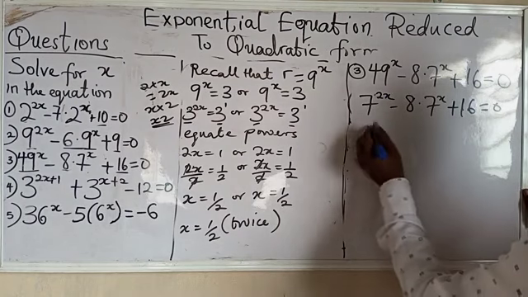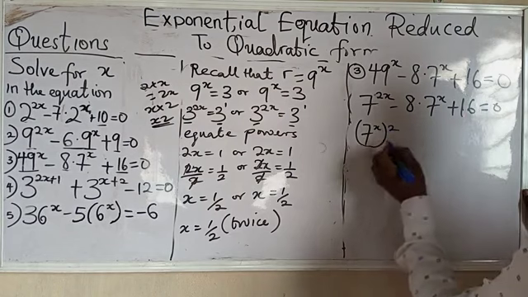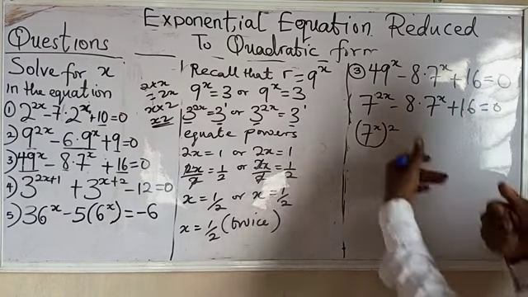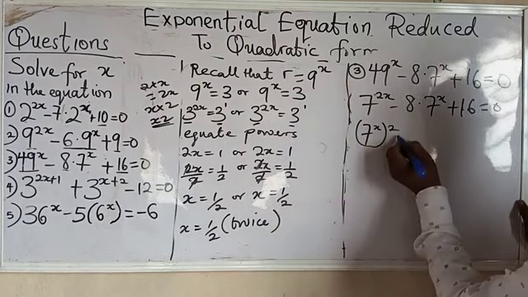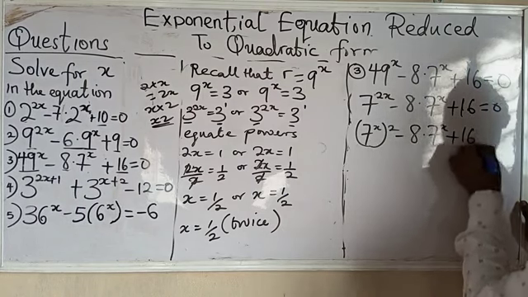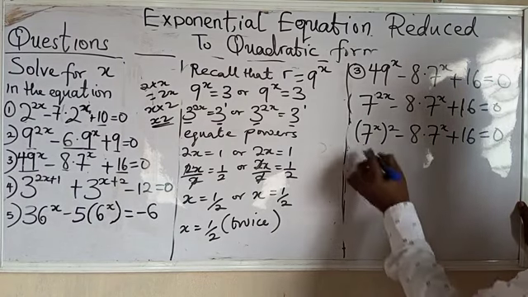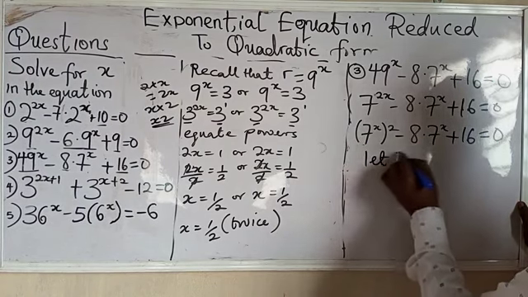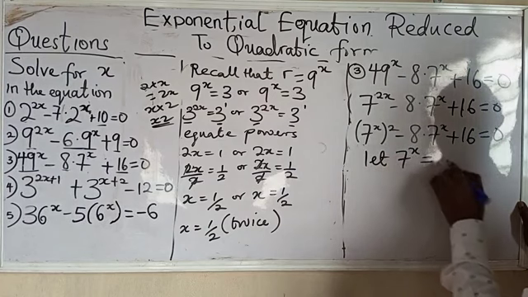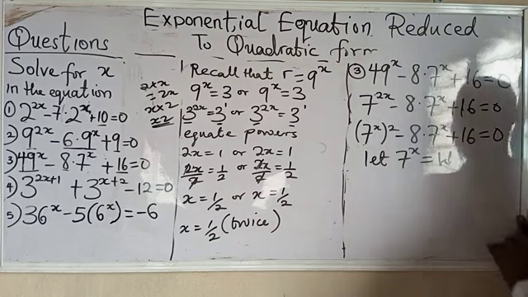So I can as well say this is something as saying 7 raised to power x 2, just swapping the positions of the power, minus 8.7 raised to power x plus 16 equals to 0. Then I can as well write that let 7 raised to power x equals to w.